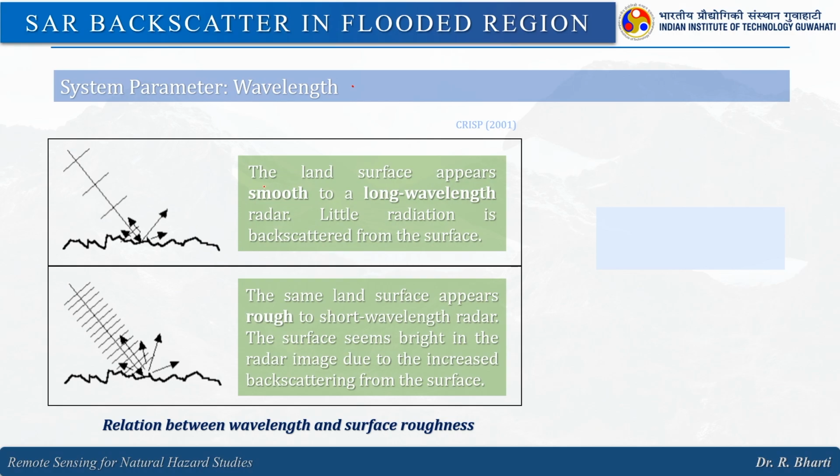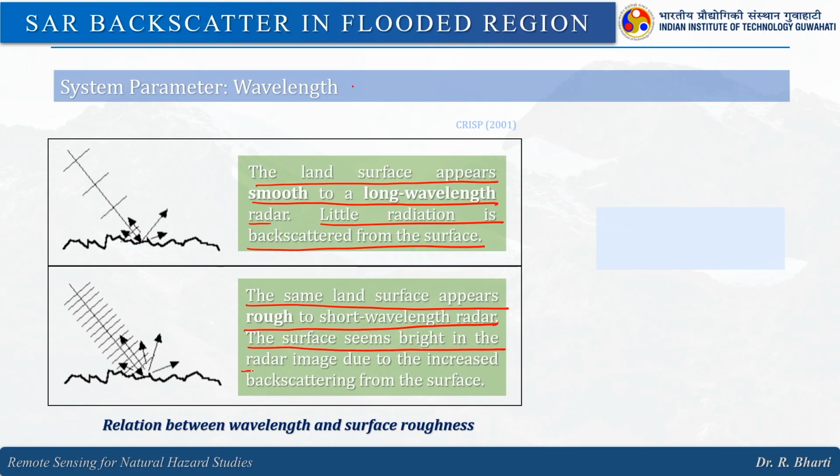Here you can see the land surface appears smooth to a long wavelength radar, right. Little radiation is backscattered from the surface. The same land surface appears rough to short wavelength radar. The surface seems bright in the radar image due to the increased backscattering from the surface.